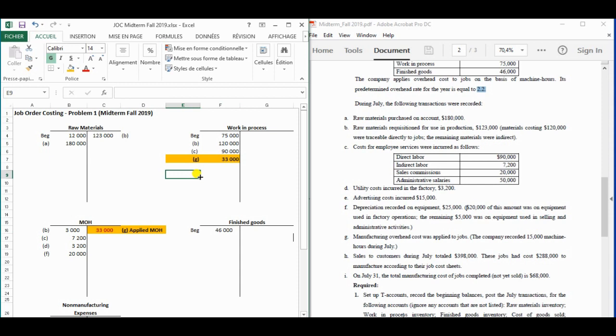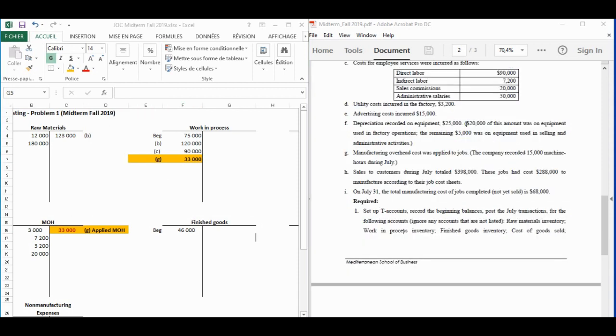Okay, for the next transaction, sales to customers during July totaled 398,000. These jobs had cost 288,000 to manufacture according to the job cost sheets. So this is the cost of jobs sold, and this is the total selling revenue of the period.